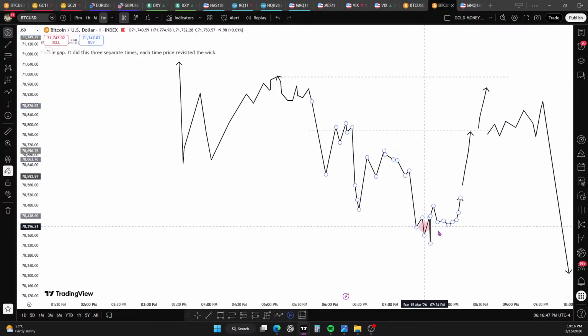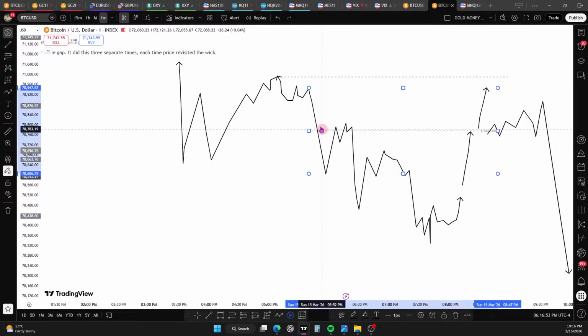But then it formed the three drives pattern and it gave you 50% of that redistribution. This is the main target, and then you might get that as well.